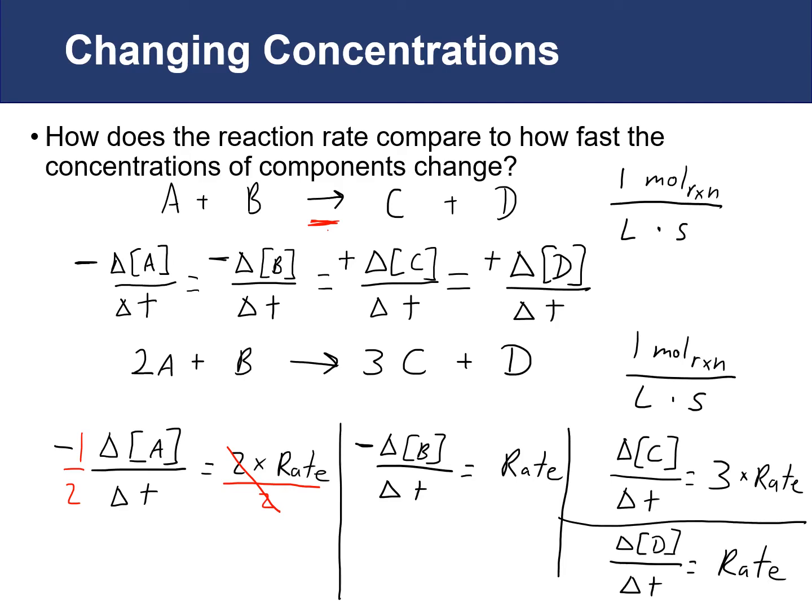For this one, we divide by 1, so it stays the same. For C, the change in the concentration of C per change in time is 3 times the rate, so to get rate by itself we divide both sides by 3, and the 3's cancel out. For D, we divide by 1, so we get the same value.